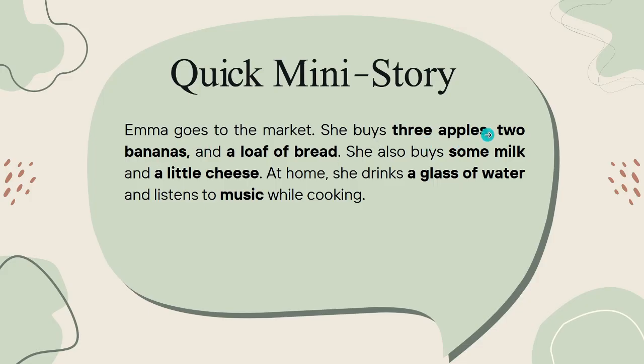But among the uncountable nouns, we have some milk, a little cheese, a glass of water, and music. Also, some nouns can be both, depending on the context, and we have the measurements: a loaf of bread and a glass of water.